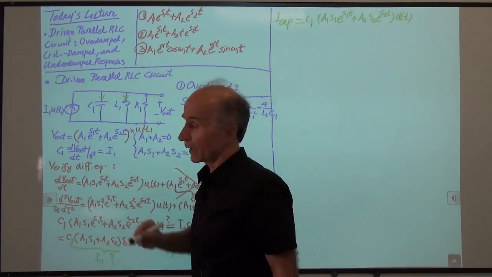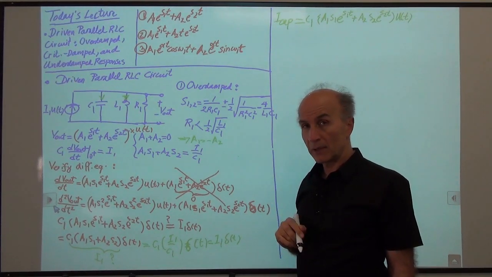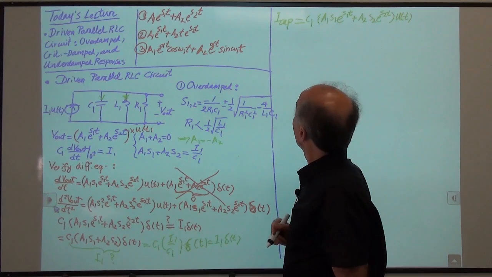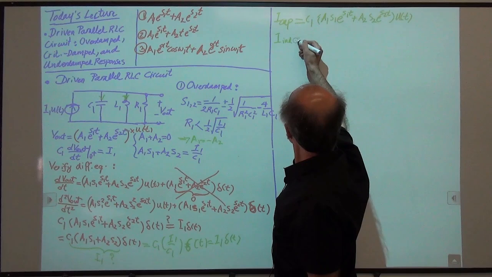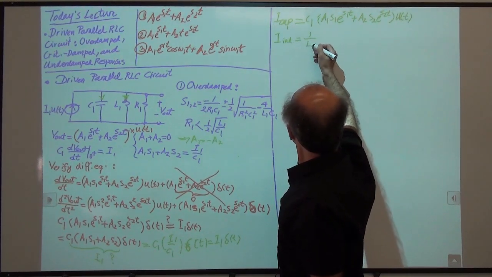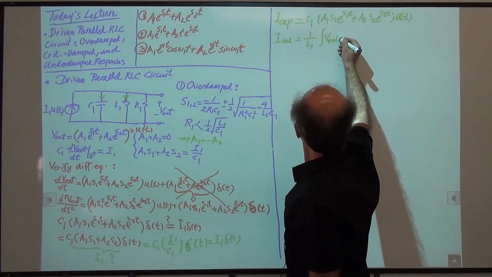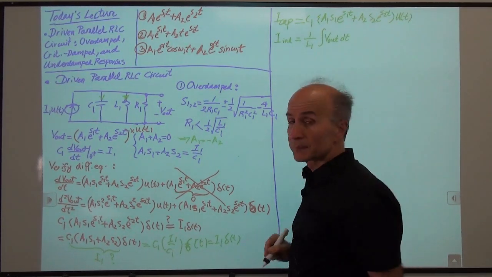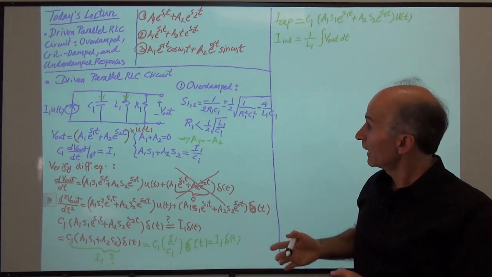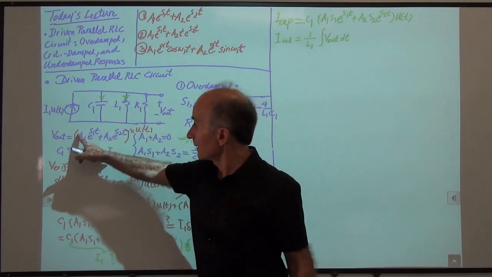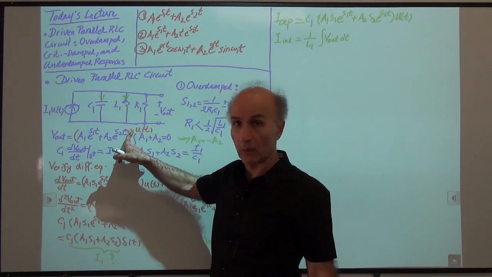This is a little tricky, and we just have to patiently and carefully see what we can do here. All right, so the current of the inductor is equal to 1 over the inductor value, integral of the voltage across it. That seems easy enough. I can just go ahead and integrate this function and call it the current of my inductor divided by L1.